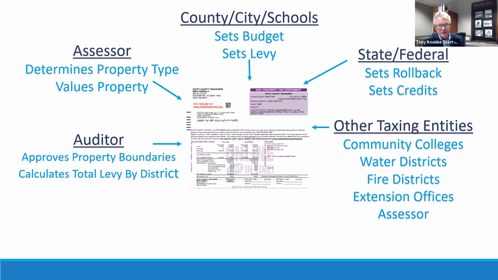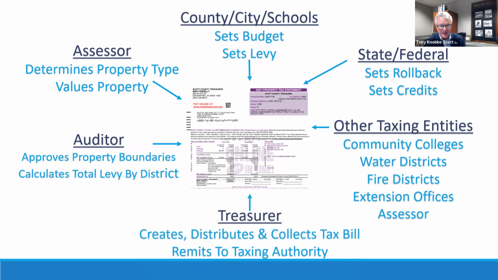So for instance, if you live in Northeast Davenport and you live within the Bettendorf School District, you're paying county taxes, you're paying City of Davenport taxes, you're paying Bettendorf School District taxes, and then all these other ones listed in the lower right. And that becomes a total levy. And we'll show you where to find that information. It's also in the links, but I'll show you how to find that.